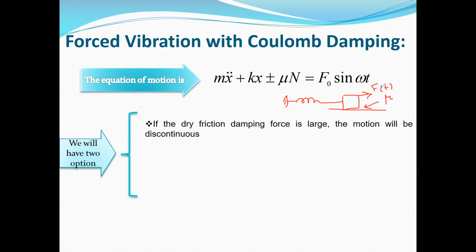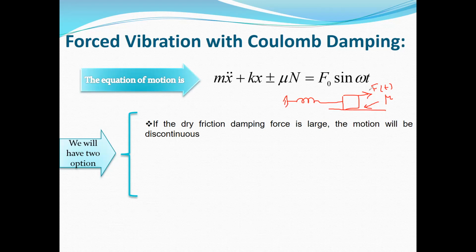When the friction force is more than Ft, this system will remain at rest, or if it had a motion, the motion will be discontinuous. For example, if it comes to the right, it will be stopped.